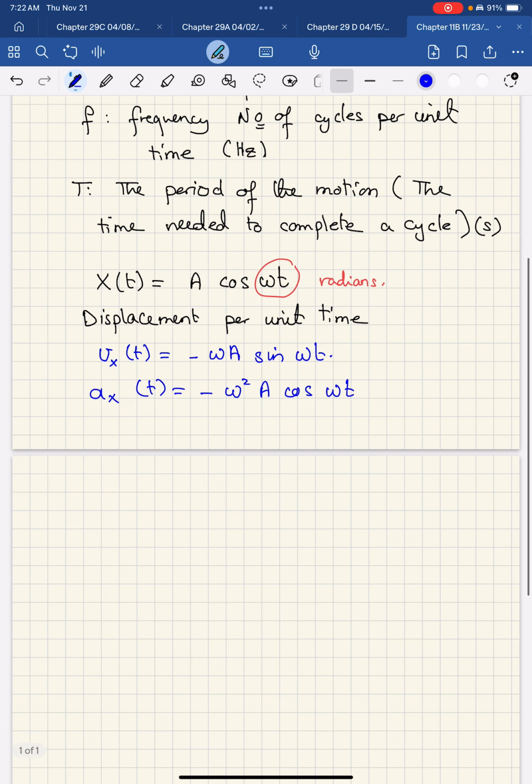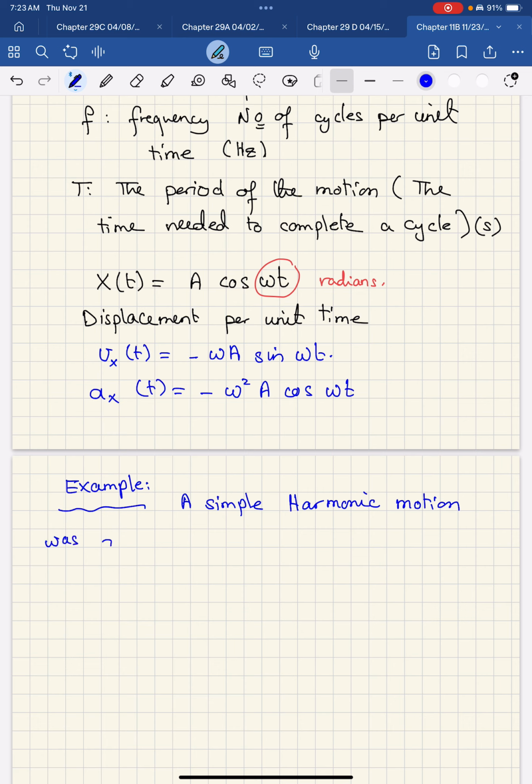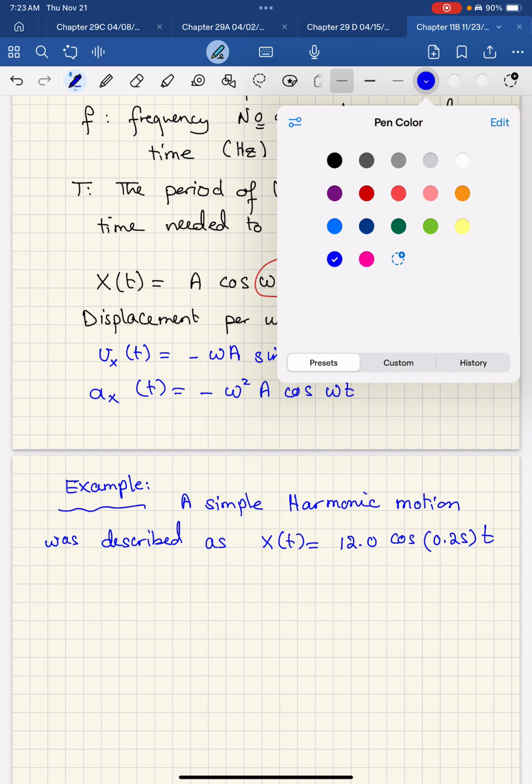Now let's do one example here. A simple harmonic motion was described as x equals 12 cosine 0.25 t.